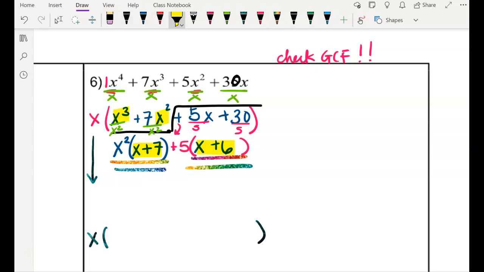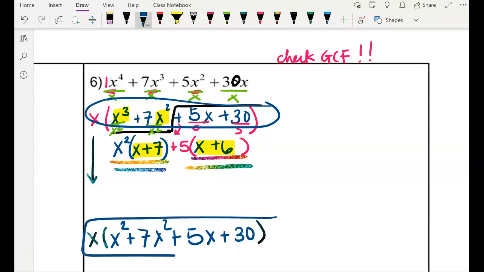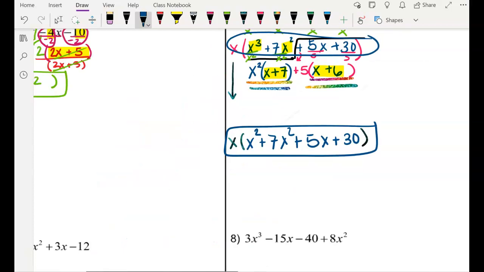Even though we can only factor out the GCF, that's good enough, okay? So we're going to write this over because that is as far as we can go with this polynomial. So factoring completely, sometimes you need to go further, but sometimes the GCF is as far as you can go.